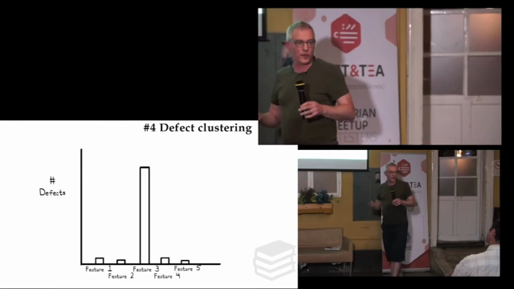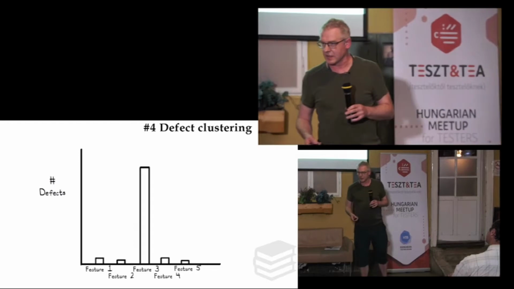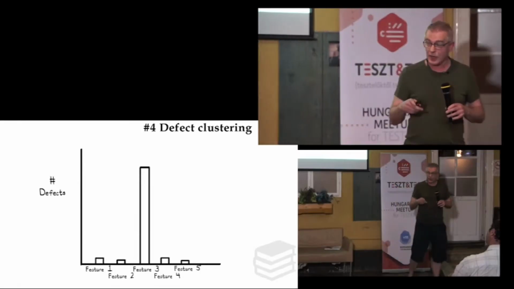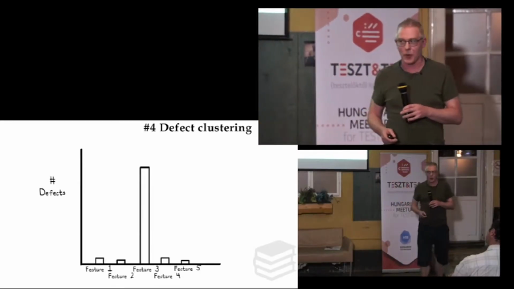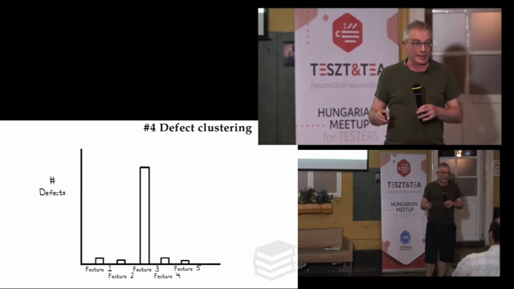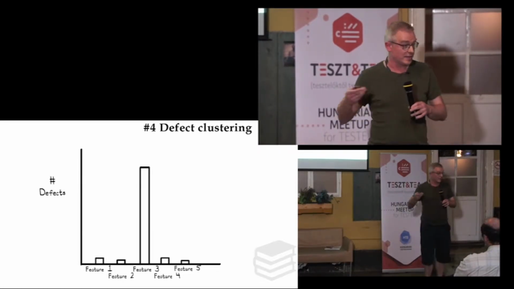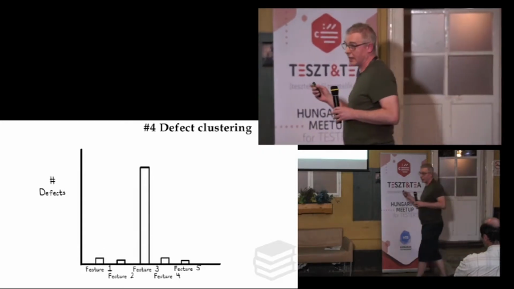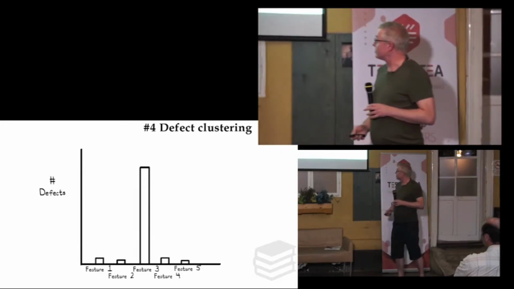Principle 4, software defects occur in clusters. So this is the Pareto principle that 80% of the defects occur in 20% of the code. So clearly, if we can identify the 20% of the code which has the defects, design test cases for it, we can increase the probability of finding some defects. And it's exactly the same for user documentation.